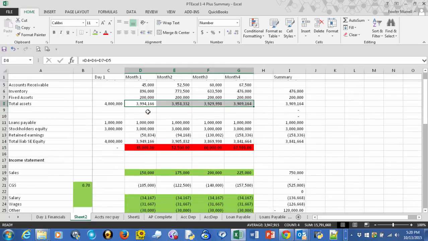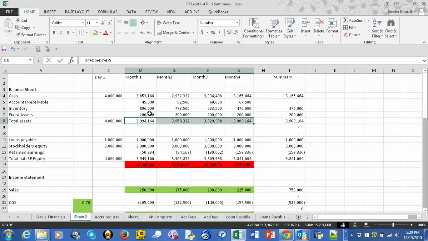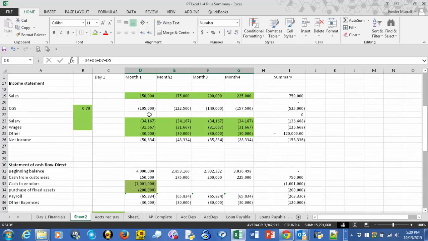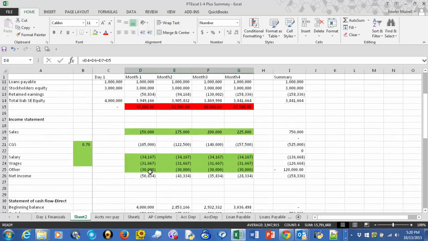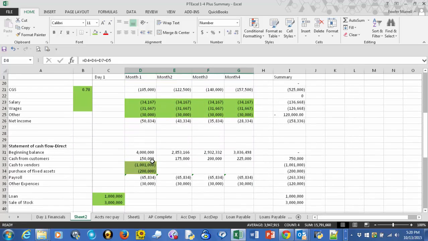Now, the question is, why are we out of balance? Okay. Do I hear an answer? The answer is, well, because in our old system, we said that we were collecting $150,000 in cash from customers. Is that the amount that we have collected with receivables?